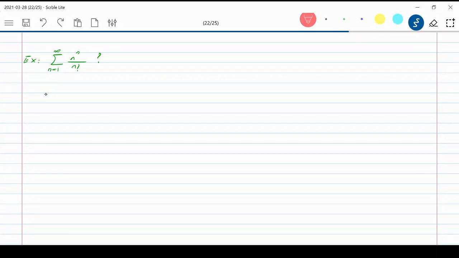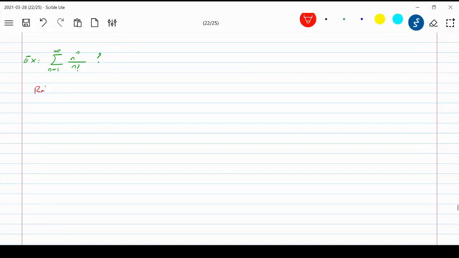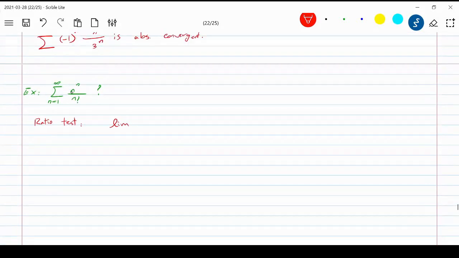So here, in this case, I'm going to apply a ratio test. I'll look at the limits. By the way, you notice that this is always positive. It doesn't really affect the negative or positivity. You can put a negative 1 to the power n here. Maybe I should do that just to make it alternating as well.